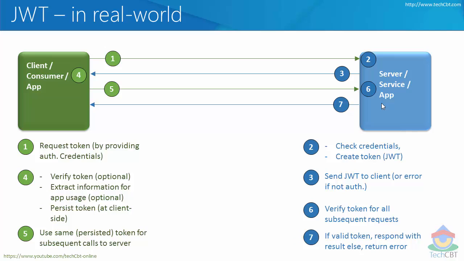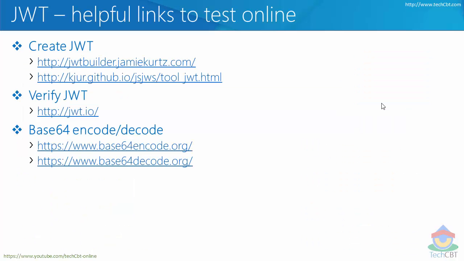Okay, so now that we understood something about JWT, let us see how we can create a JWT, verify a JWT, try to tamper with the JWT and check the validity of the JWT. I'm going to demonstrate all of this without going through real-world coding, but I'll use the existing tools which are already available online for creation, verification, and all of that stuff.